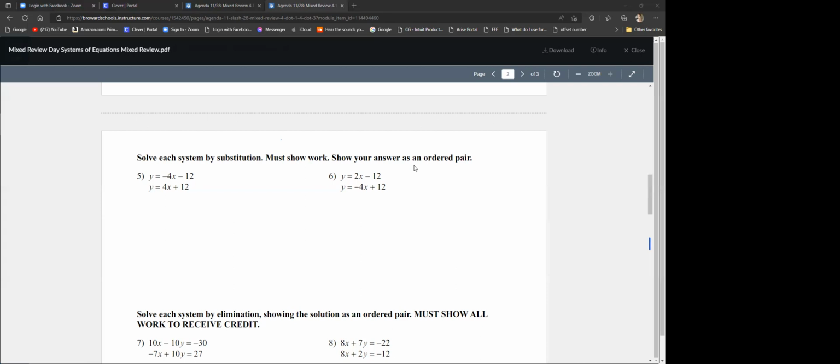Did we multiply the x's by something? Oh, no, we didn't. How do we solve 5? We didn't multiply either of them by anything.